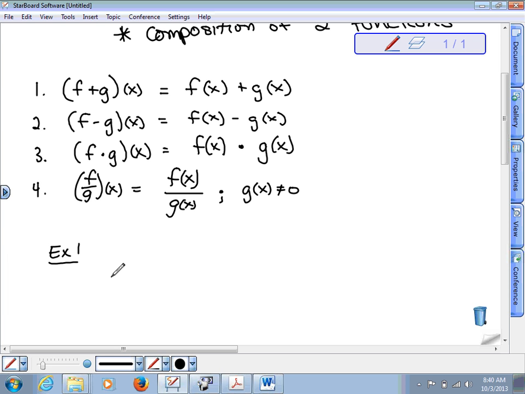So example 1, f of x equals 3 over x minus 2, g of x equals negative 1 over x plus 3.